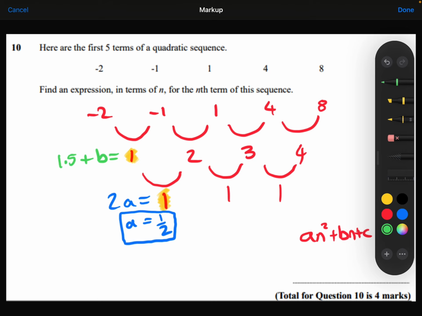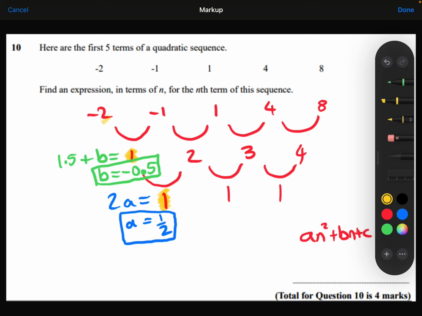So 1.5 plus b is equal to 1. So take the 1.5 away from both sides, and I find that b is minus 0.5, or minus 1/2.